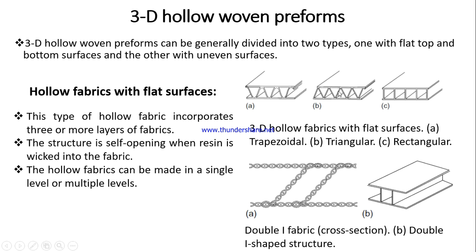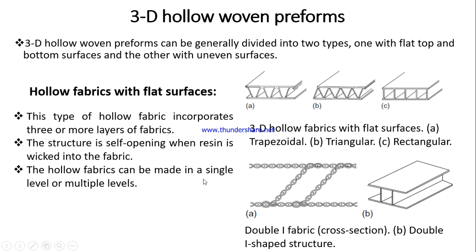Those hollow spaces are very useful for insertion of the resin for the preparation of composites. The structure is self-opening when the resin is pumped into the fabric. The structure will collapse, but as soon as the resin is pumped into the fabric, the resin will penetrate inside, the structure will be inflated automatically, and then the composite will be manufactured.